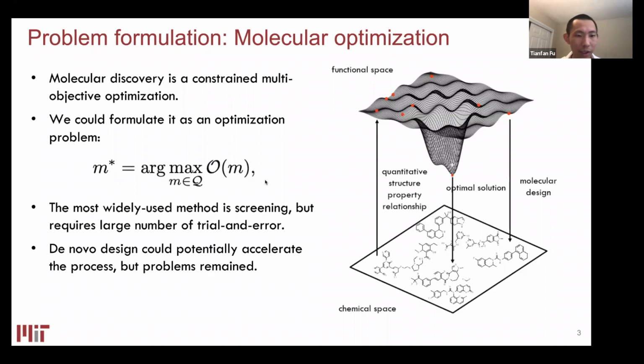The most widely used method is high throughput screening, but it requires a large number of trials and errors and is usually time-consuming and expensive. De novo drug design could potentially accelerate the process, but still lots of problems remain.